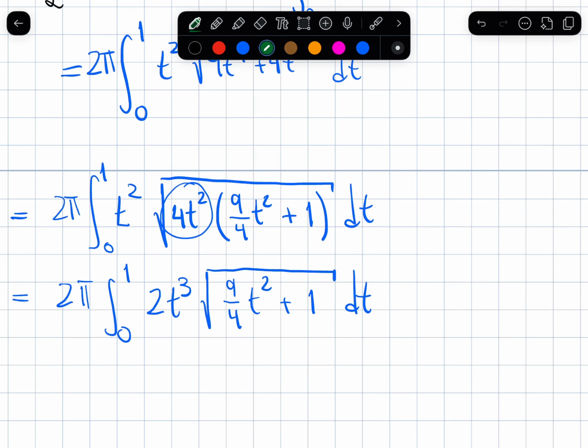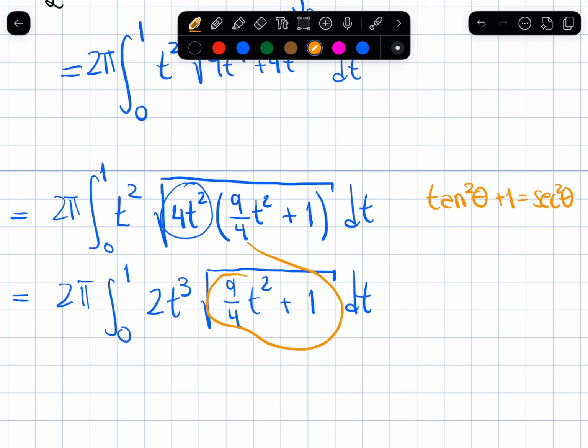So I'll try and make a u sub, see what happens. Sorry, a trig sub, right? As I look at this, I see that this kind of resembles a trig identity that I know: tangent squared theta plus 1 equals the secant squared theta.